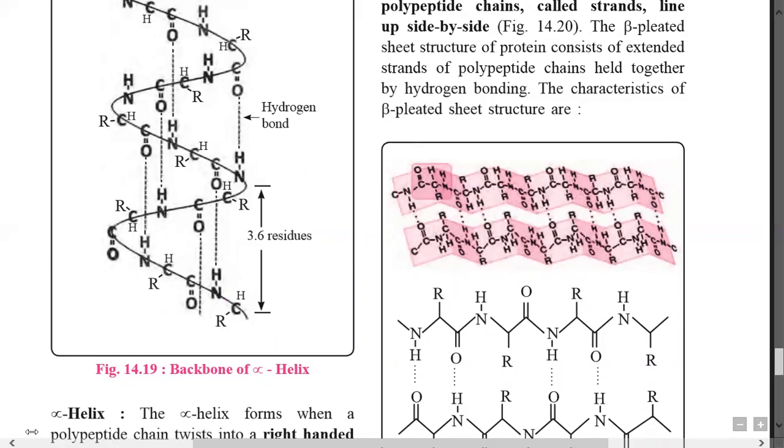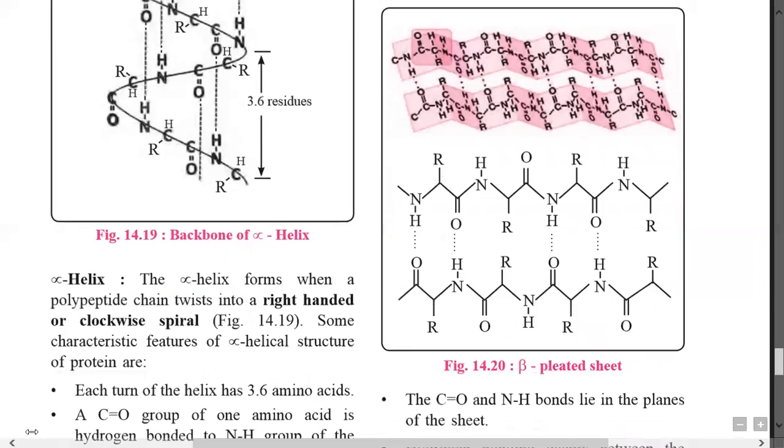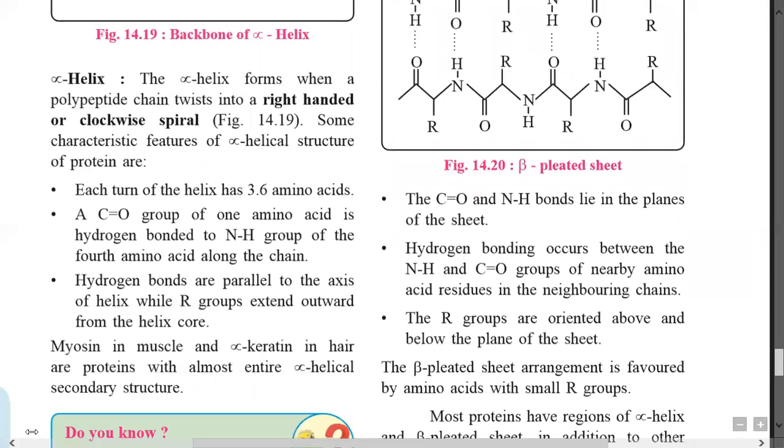Similar to the characteristics of the alpha helical structure, we will study the characteristics of the beta pleated sheet. So these characteristics are: first, the C double bond O and NH bonds lie in the planes of the sheet.